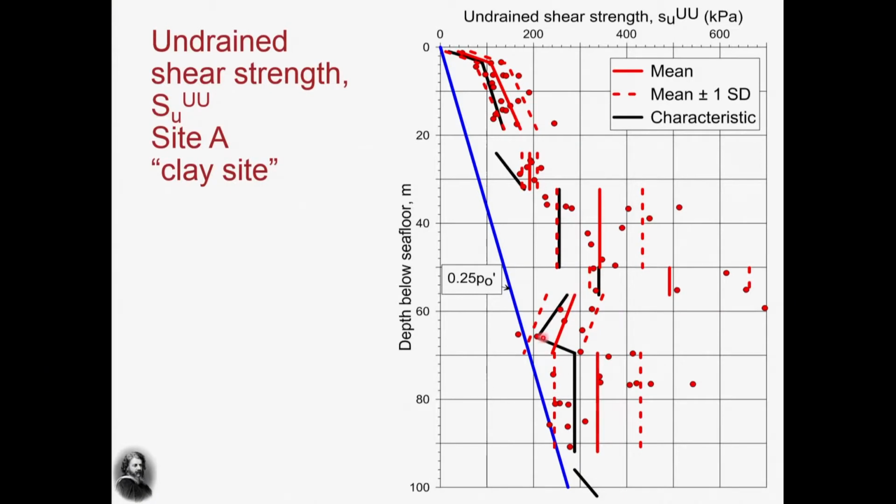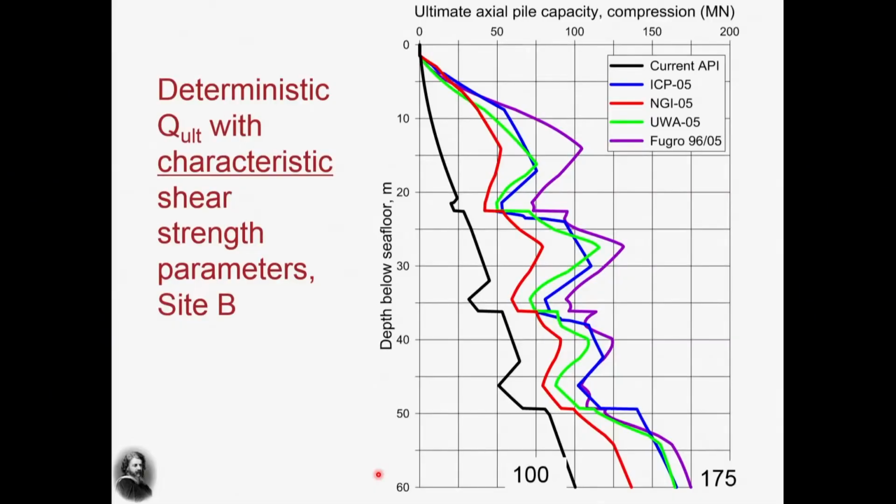Look, why does this curve do this? Now, this was done by an engineer of NGI, so I take responsibility for it. But when you do a statistical analysis, you find out that maybe the profile should have been different. Here's an example. This is at the second site, site B, of what the 4 cone penetration methods were giving as pile resistance and what the API was giving.